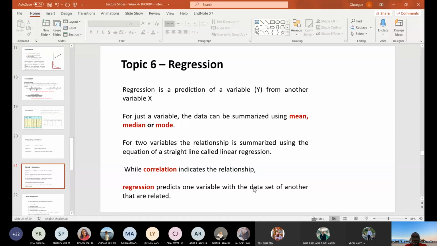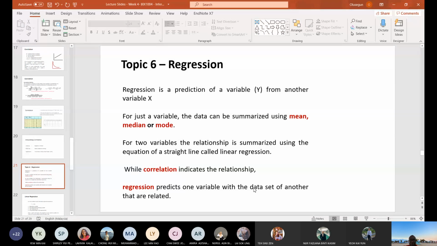If it is just for one variable, let's say age, and you want to predict the age of the next person, we can take the age of everybody in the class.